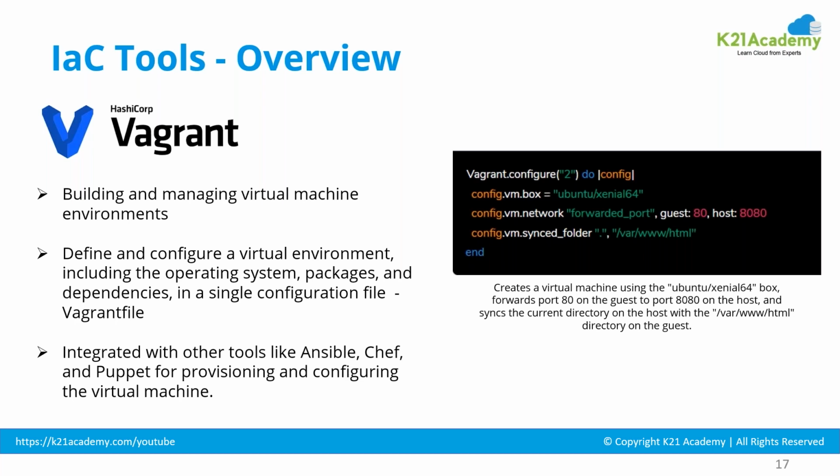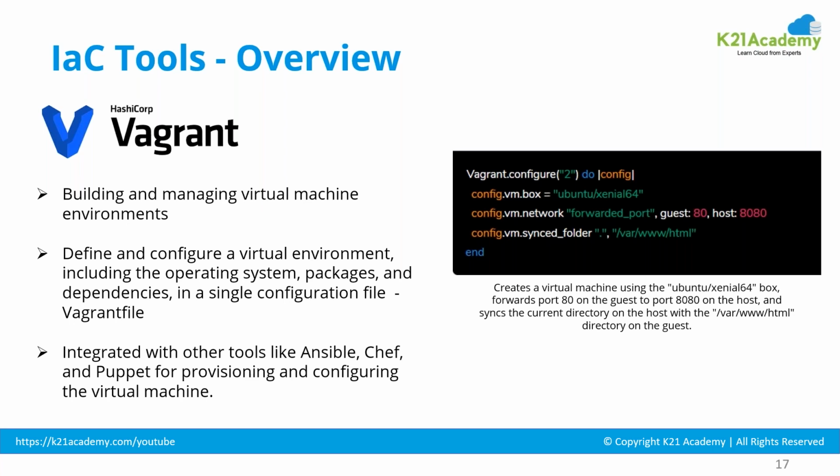Now configuration management, as I mentioned, deals with the deployment of the application over and above the infrastructure. Infrastructure provisioning is the one which deals with infrastructure standardization itself, where you create the underlying infrastructure, and then when you deploy any application over and above that, that comes under configuration management.